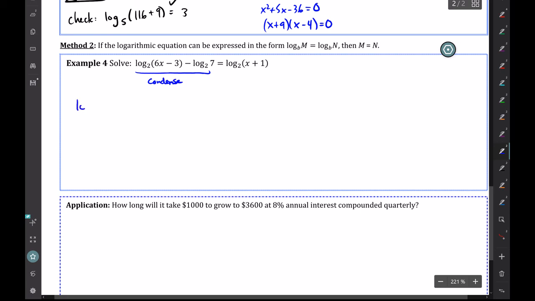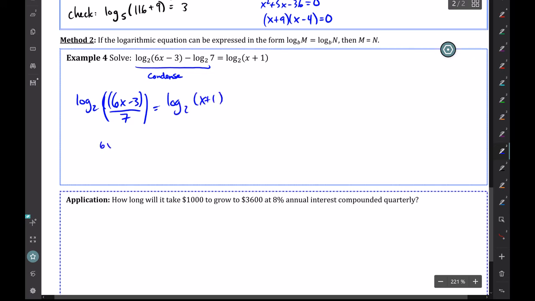So I'm going to have log base 2 of 6x minus 3, divided by 7, is equal to log base 2 of x plus 1. And so then I can set 6x minus 3 over 7 equal to x plus 1.